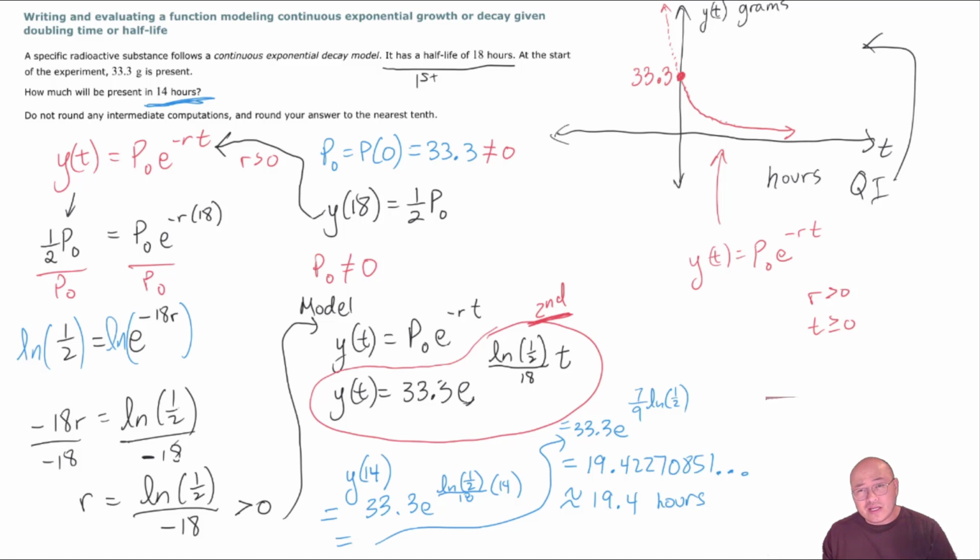What mistake did I make, guys? Correct me here. How much will be present in 14 hours? That can't be right. I can't say we have 19.4 hours in 14 hours. That's a whole lot of nonsense. So make sure you correct these units. Another reason why you want to write it back using words and a complete sentence. This has to be grams.